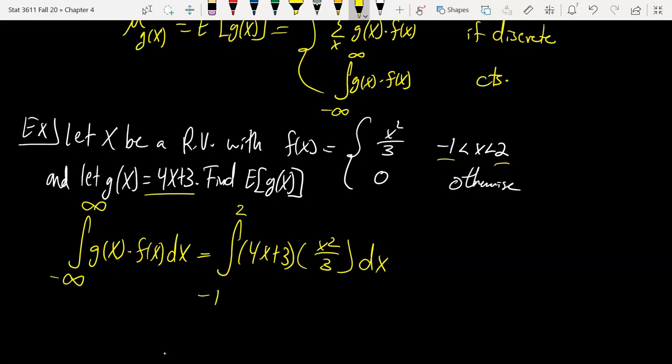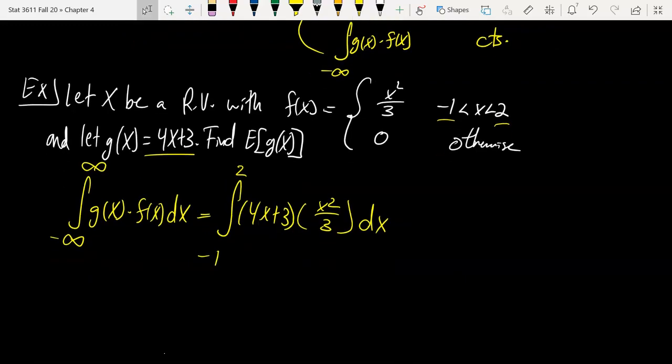All right, a quick sip of coffee, and let's do the calculus. What do we got here? I might factor out the 1/3 that came with this piece right there. Integrate from -1 to 2. Of course, you can do this integral any way you see fit. And then that would leave me to distribute the x squared here to those two terms. So 4x times x squared is 4x cubed.